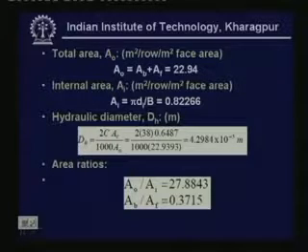Then we have to find out the hydraulic diameter, because we want to find out the Nusselt number and Reynolds number. Hydraulic diameter is defined, if you remember, as 4 into minimum flow area divided by the wetted perimeter, and the formula for that is given like this.